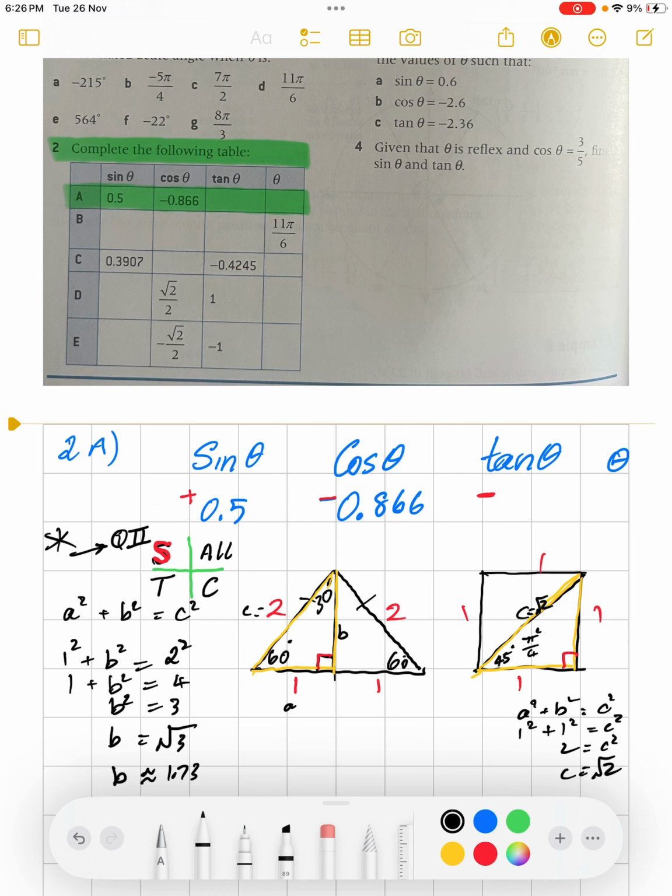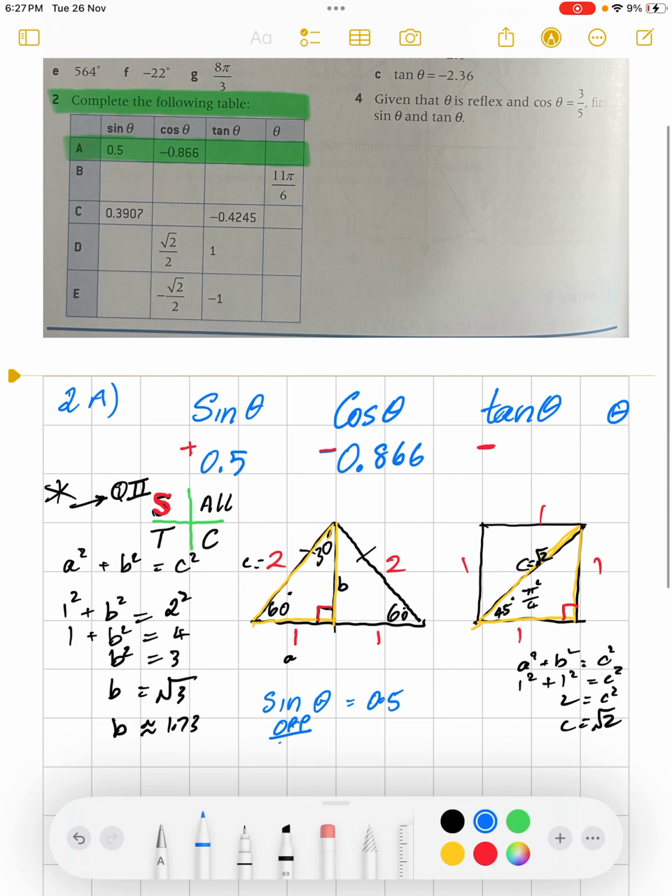And what have we got? We've got a half. A half is the opposite over the hypotenuse. Because sine theta is equal to a half, the opposite divided by the hypotenuse, that's the ratio for sine, is where the opposite is 1 and the hypotenuse is 2. The opposite is 1 from 30 degrees, the hypotenuse is 2 from 30 degrees. Our acute angle is 30 degrees.